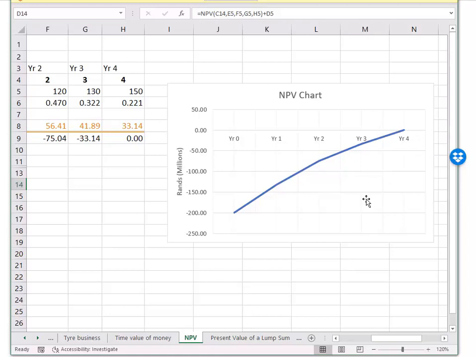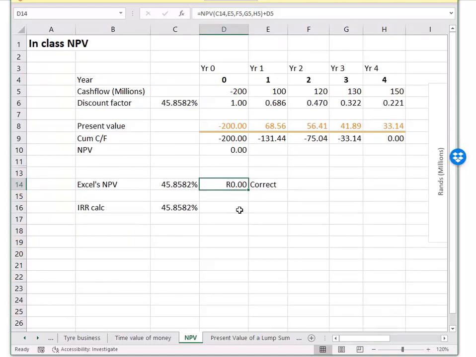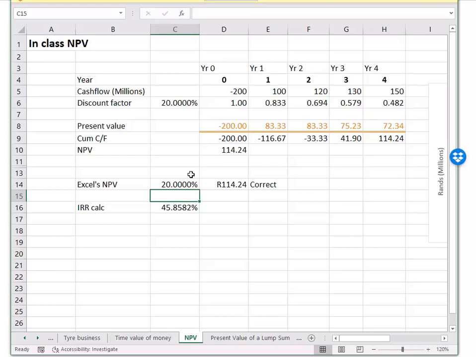We actually haven't made any money out of this project. Well, then we wouldn't proceed. However, we would still be getting a 45% return, which is a good return. But at 20%, we just wanted to do better than 20%. Well, then this is a very good project and we should proceed with it.